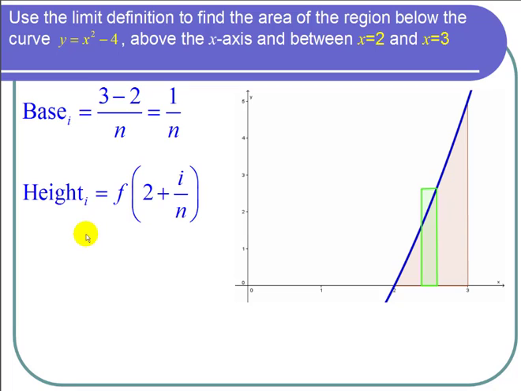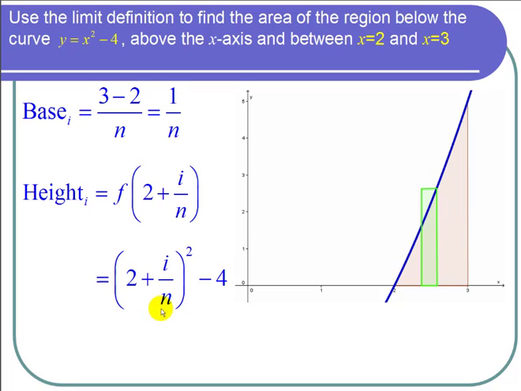So what we can say is that the height is the function evaluated at 2 plus i over n, because i bases is i times 1 over n, or i over n, and f of something tells us to get the y-coordinate. So now our f is x squared minus 4, so I can plug in 2 plus i over n into x in x squared minus 4.